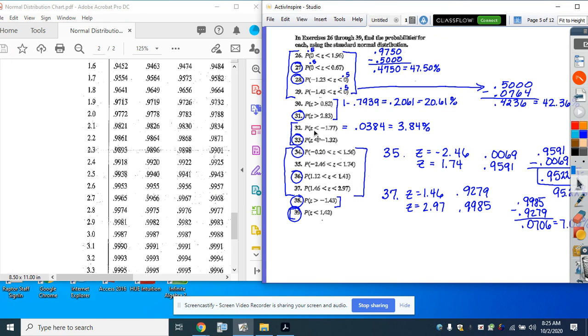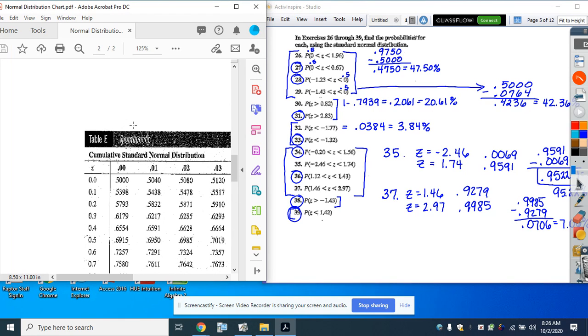If I go to number 32, it says I need the probability that z is less than negative 1.77. This is your less than symbol, so that means I'm coming from the left. The sign of my number is negative, so I need to be on the negative part of the chart.